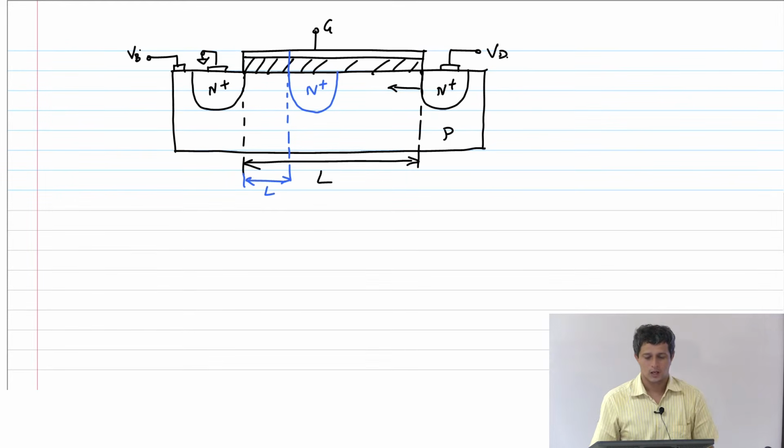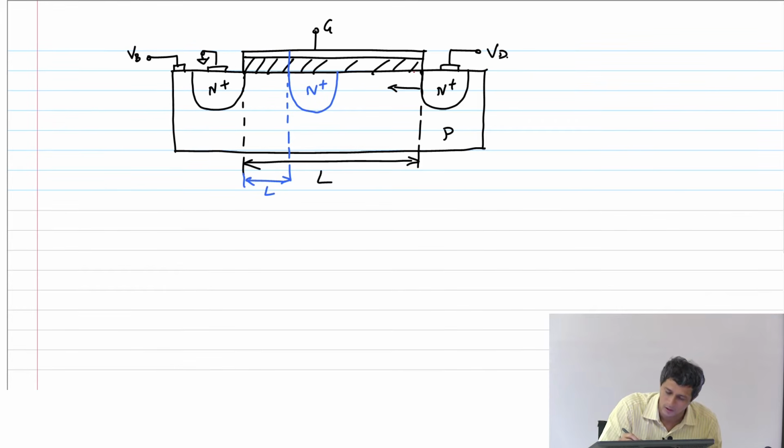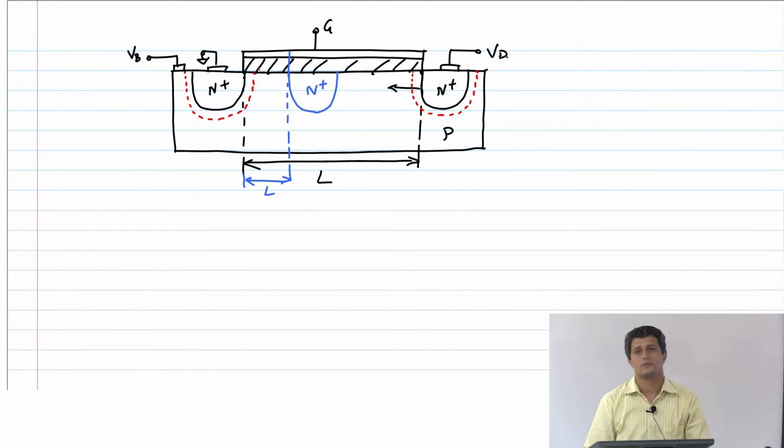So this is a P junction in contact with an N plus junction. That means that there is going to be a small depletion region or a space charge region around this point of contact. So I will have a small space charge region like this. Of course on the source side also it is going to happen.